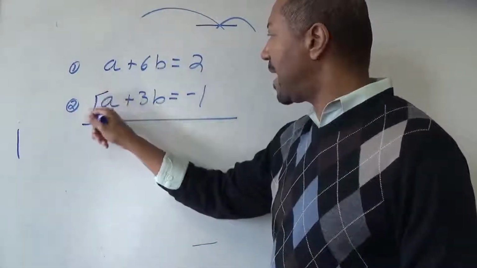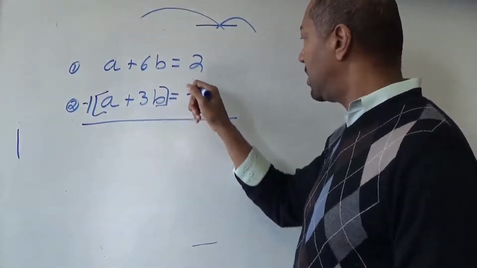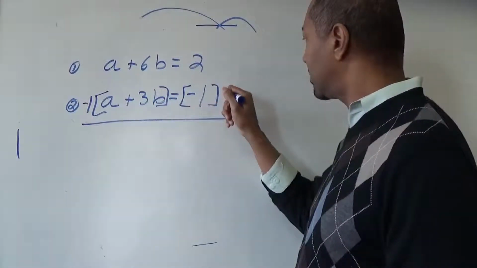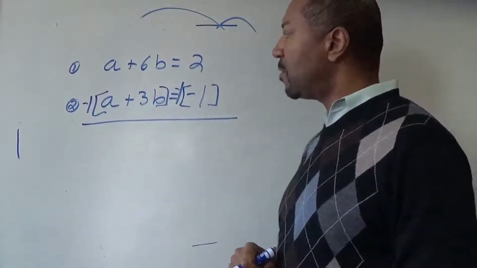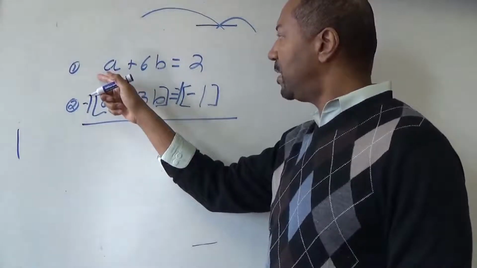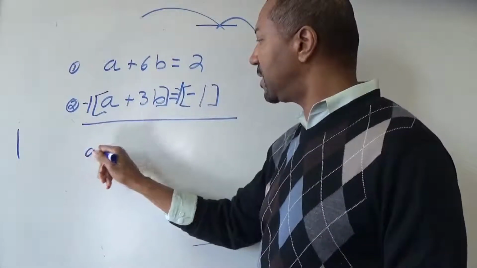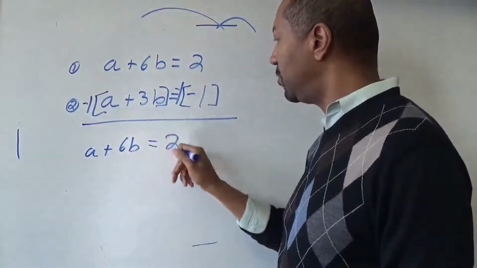I'm going to multiply both sides of the equation by -1. So if we do that, of course, equation 1 will not change. That remains a plus 6b is equal to 2.